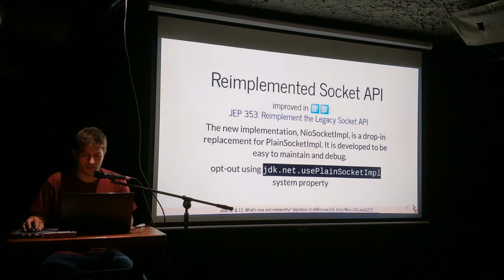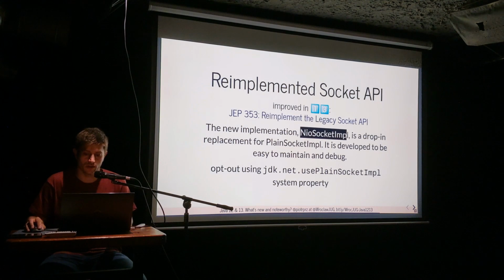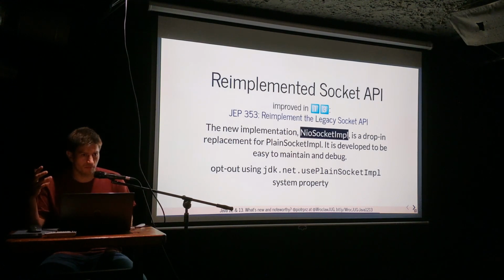You need to set this system property, use plain socket impl. Once you set it in your system properties, then the old implementation is going to be used instead of the new one every time, for example, when you create a client socket or open a server socket.